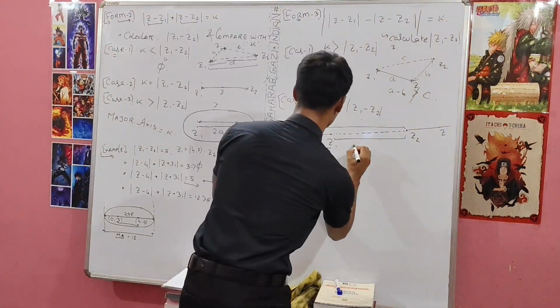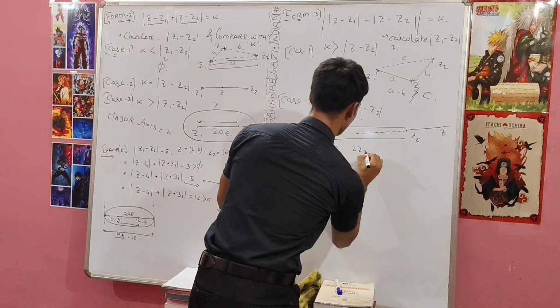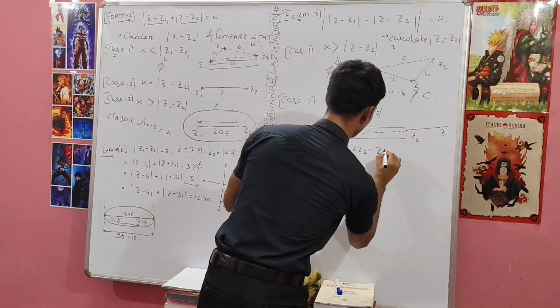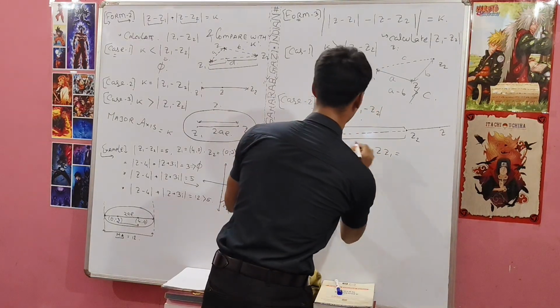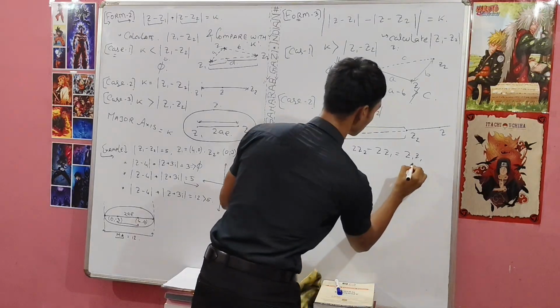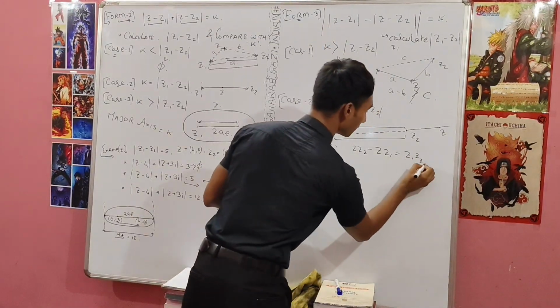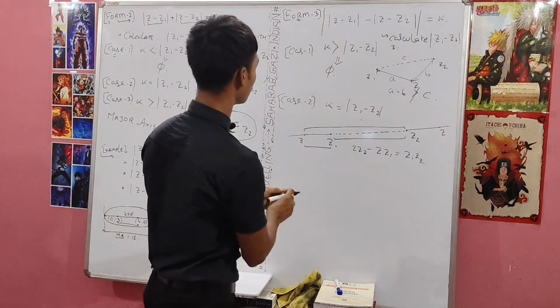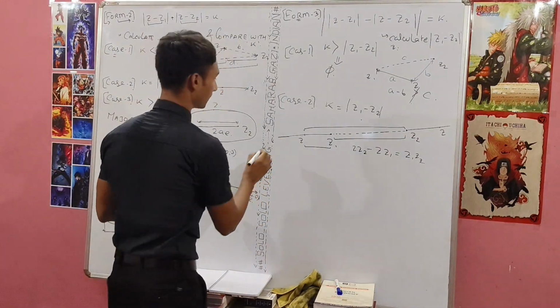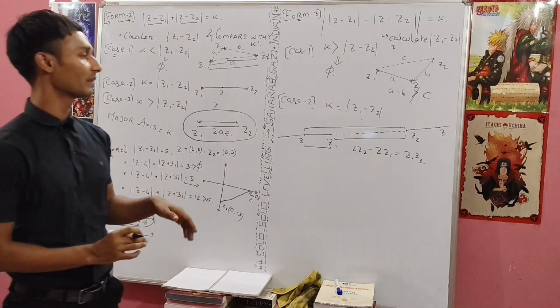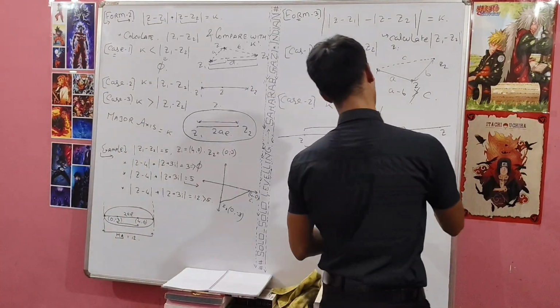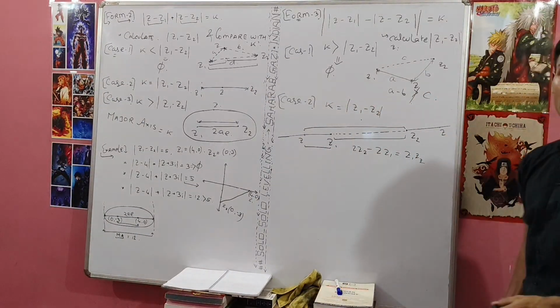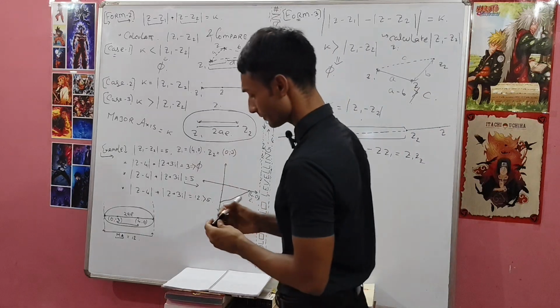So z z2 minus z z1 is equal to z1 z2. It means z lies on this extended line. In the same way you can calculate this portion too. It will also come under this locus.